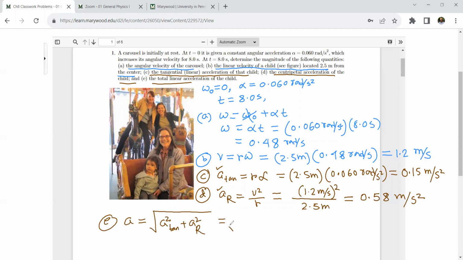So a_t is 0.15 meter per second square, plus 0.58 meter per second square, and that is equal to 0.60 meter per second square. So the total linear acceleration for the child is 0.60 meter per second square.